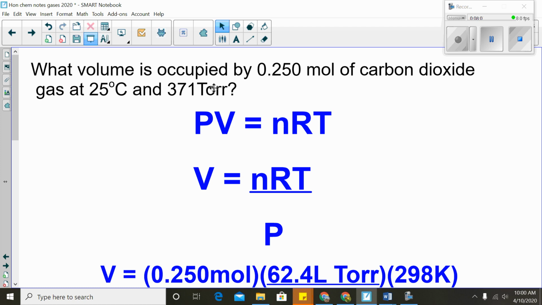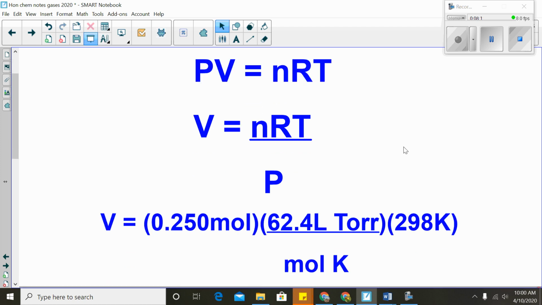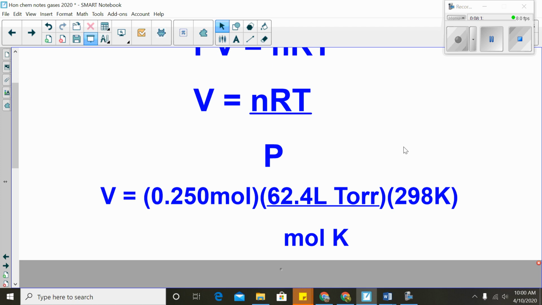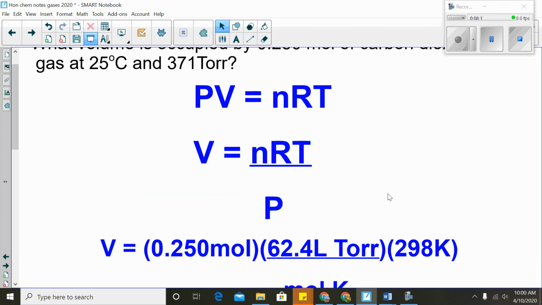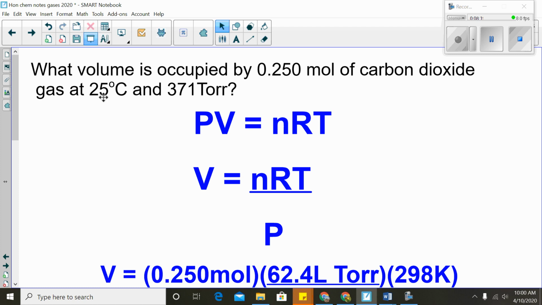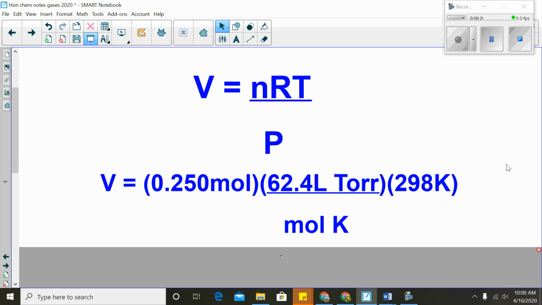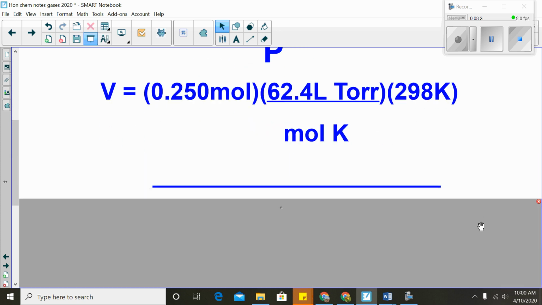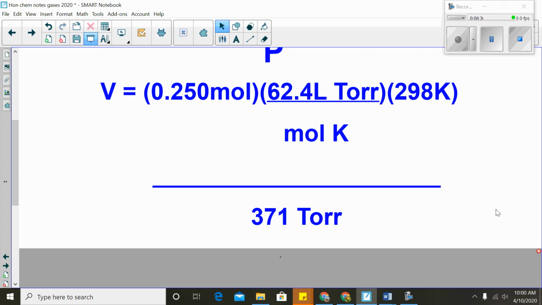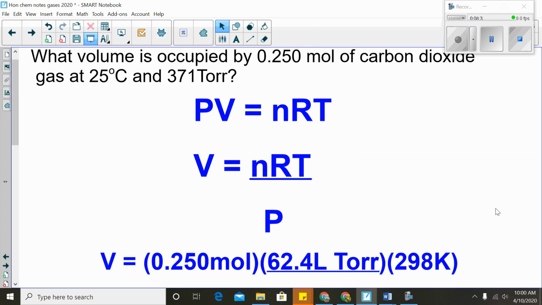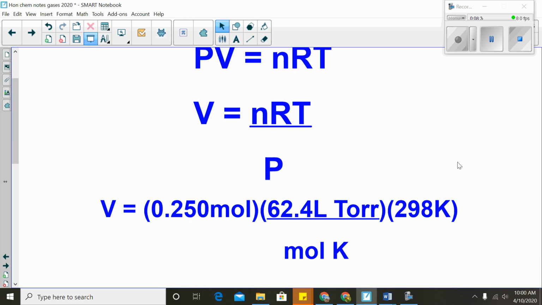Because up here, my pressure was torr, and the value for R that uses torr is 62.4. 298 K, that is my temperature. I was not given 298, but I was given 25 degrees Celsius. 25 plus 273 K is 298 K. Okay, divided by 371 torr, which was provided in the problem.